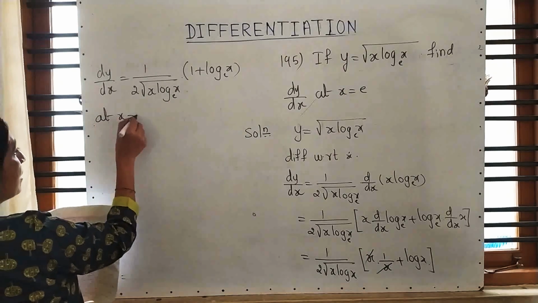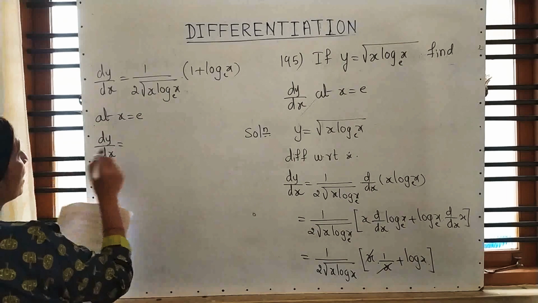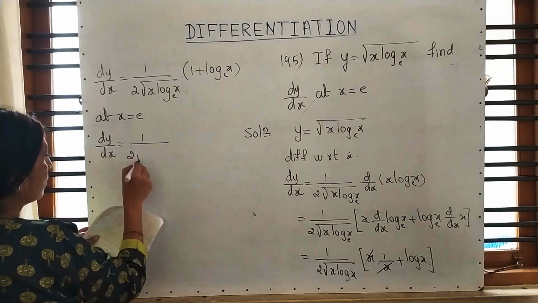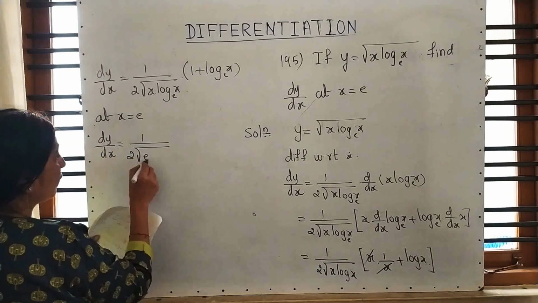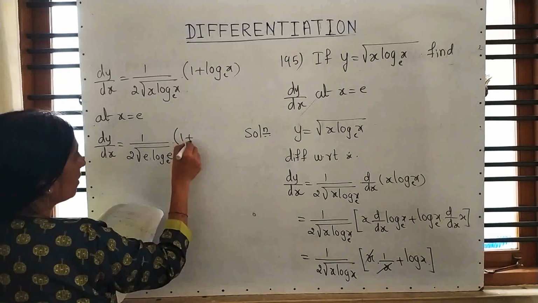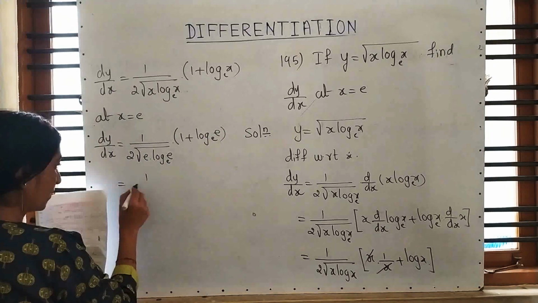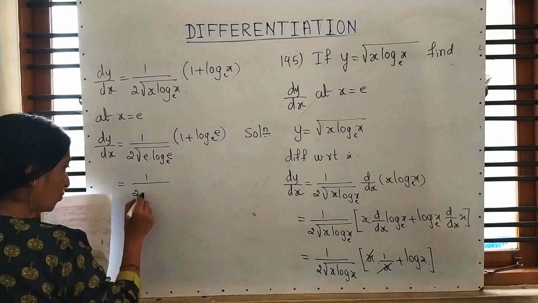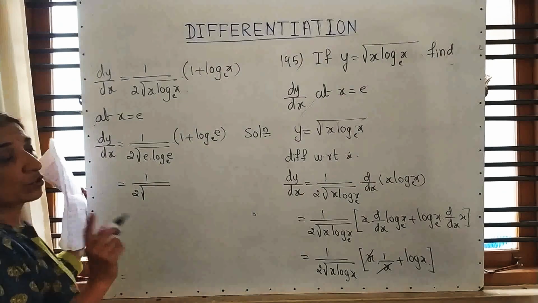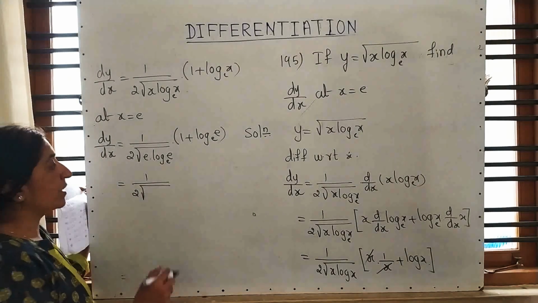At x is equal to e, dy upon dx is 1 upon 2 into root of e log e to the base e, in the bracket 1 plus log e to the base e. What is log e to the base e? Log of any number with the same base is always 1.